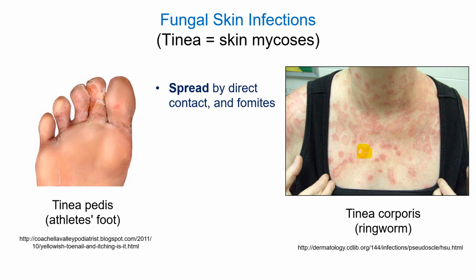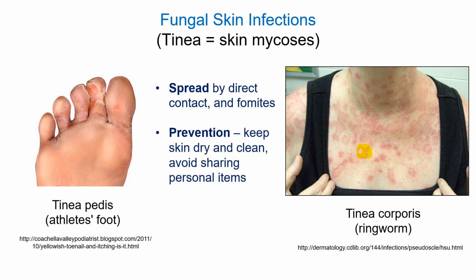So how are these spread? Usually by direct contact or fomites. You can imagine that sometimes people might get these infections from the gym if they're sitting on a bench, or people can share towels and things like that. Very, very easy to spread these things. These fungi are found all over the place in the environment, so easy to catch them.